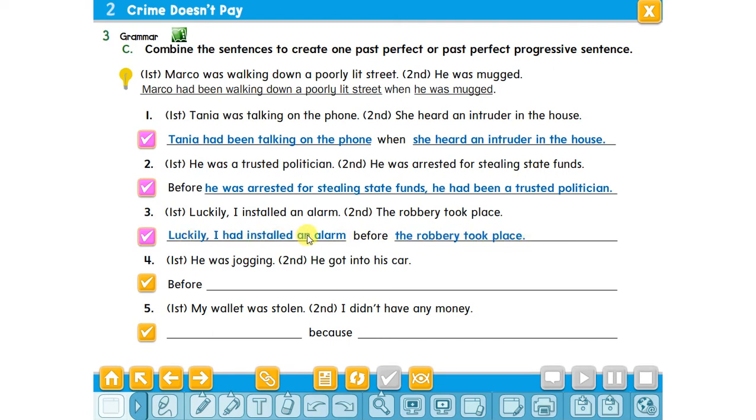I had installed the alarm clock، هذا الحدث الثاني هو اللي بده يكون had زائد verb 3، وهذا اللي بده يكون verb 2.